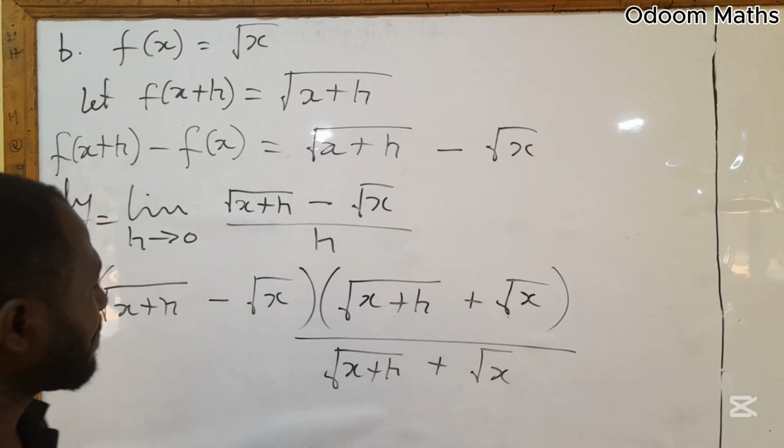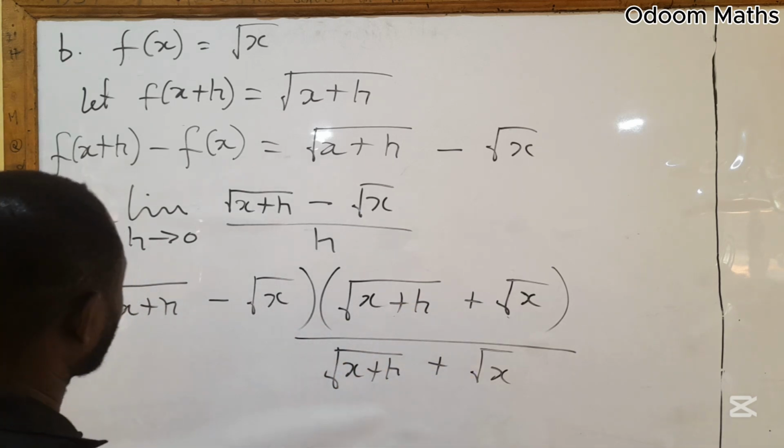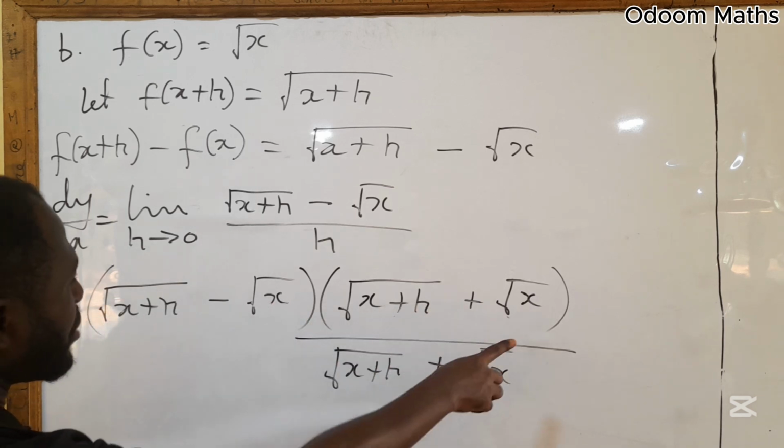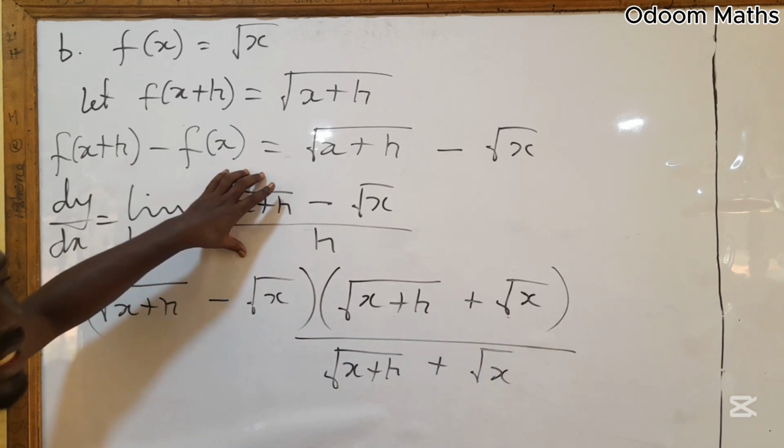Now let's simplify. The LCM is already this one, so I'm going to expand the numerator, and then substitute it here and continue.